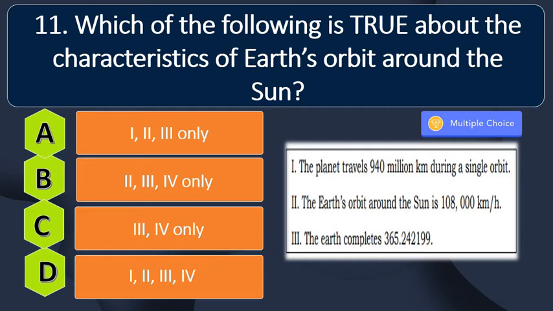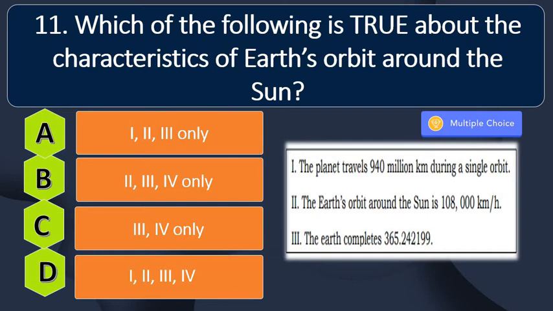Is it A. 1, 2, 3 only? B. 2, 3, and 4 only? C. 3 and 4 only? And D. All of the above, meaning 1, 2, 3, and 4. You're correct. It is letter B. Only 2, 3, and 4 for this problem.